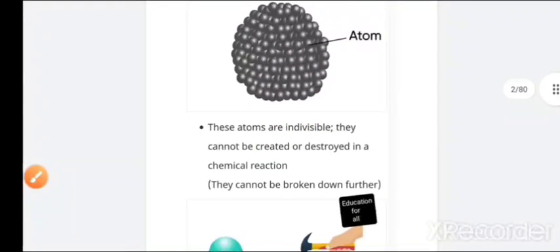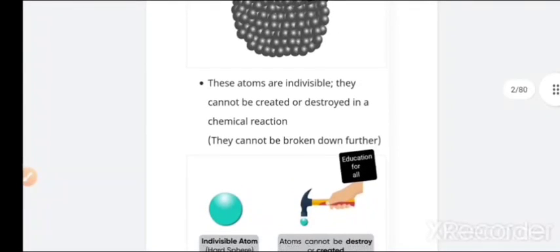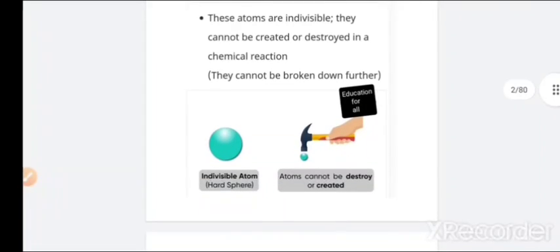These atoms are indivisible. We cannot divide them. They cannot be created or destroyed in a chemical reaction. That means in a chemical reaction, atoms can be neither created nor destroyed. Since atoms are indivisible, we cannot divide them, so in a chemical reaction they are neither created nor destroyed.